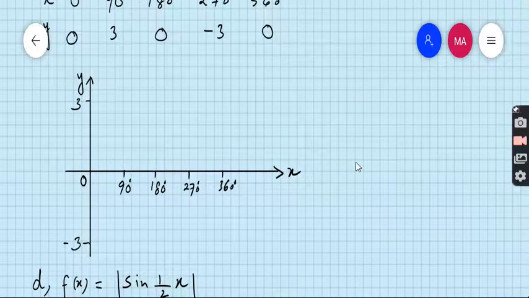So for 0 the value is 0, for 90 the value is 3, for 180 the value is 0, for 270 the value is minus 3, for 360 the value is 0. Join all the points.